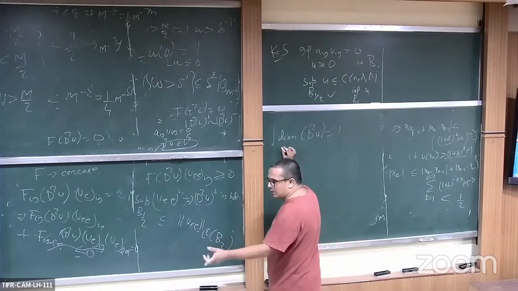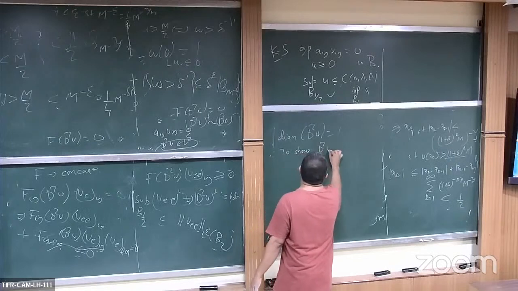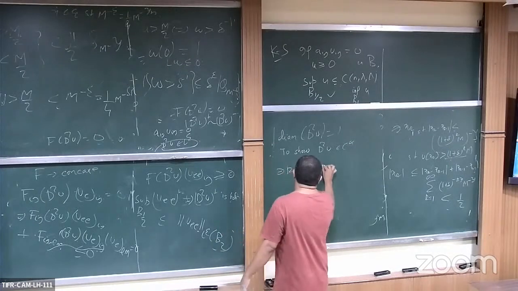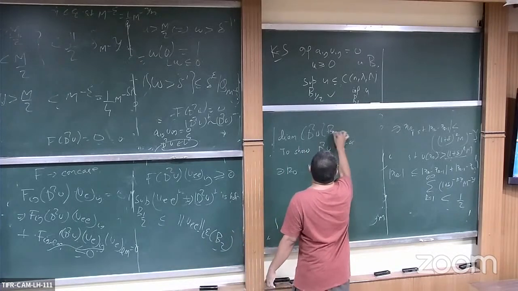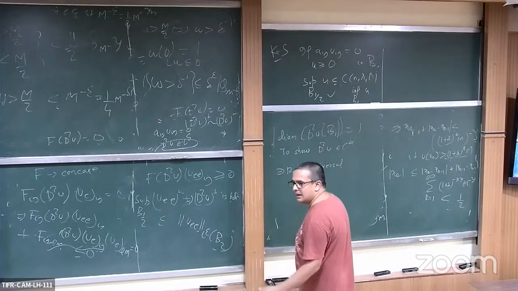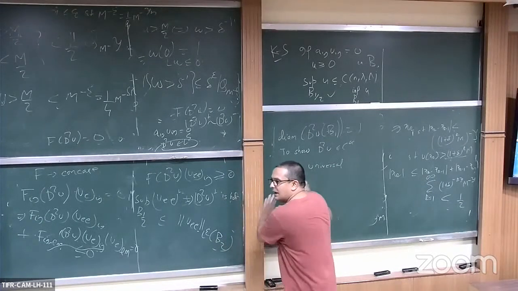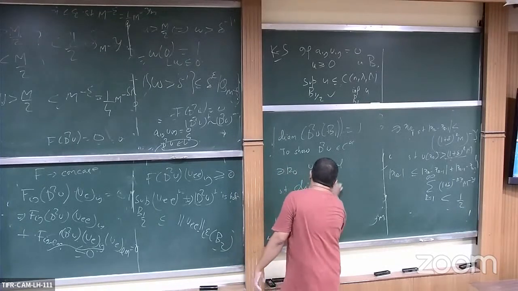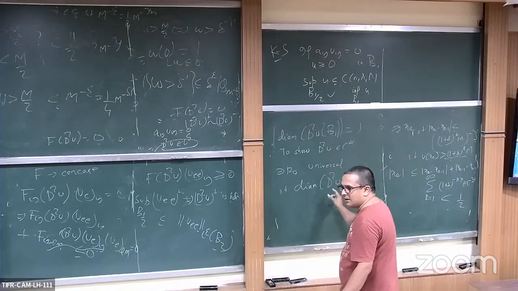Now, in order to show that D square U is in C alpha, it is enough to show that there exists a K naught, a universal integer, such that if I take a dyadic ball of size B2 to the minus K naught, the diameter of D square of U over B2 to the minus K naught falls.